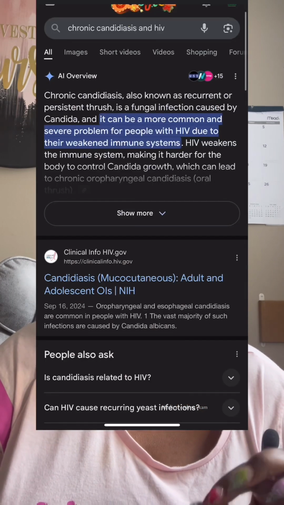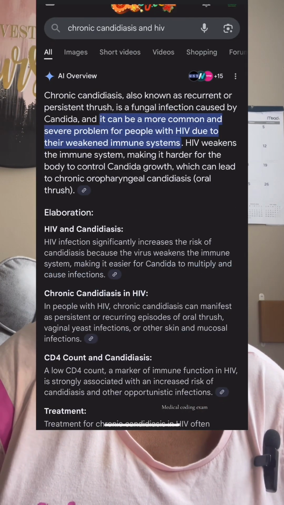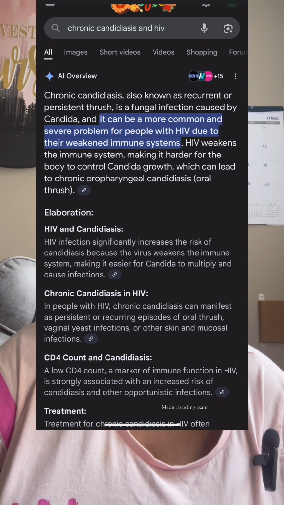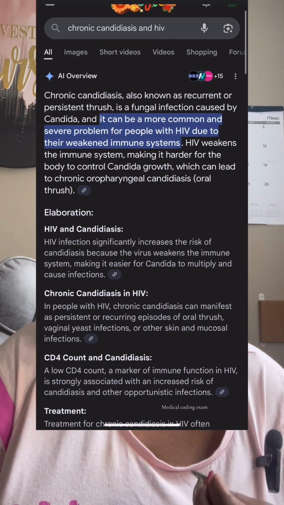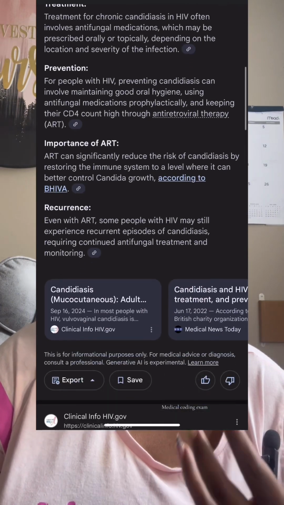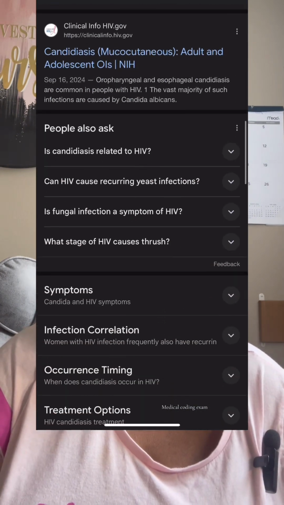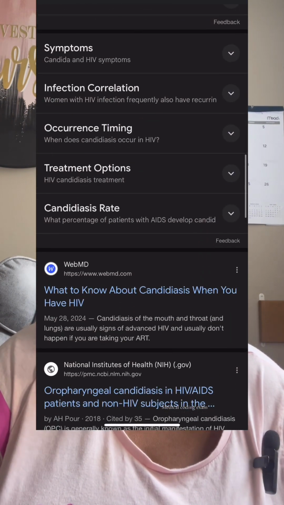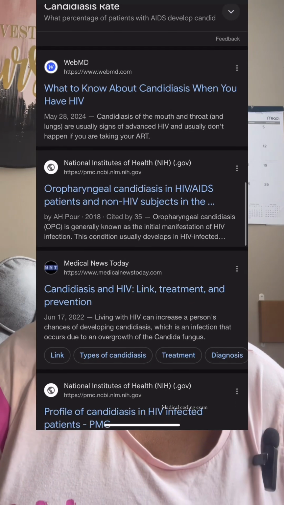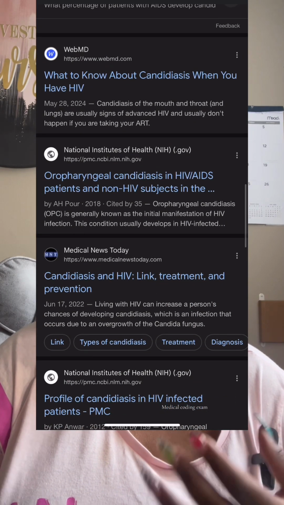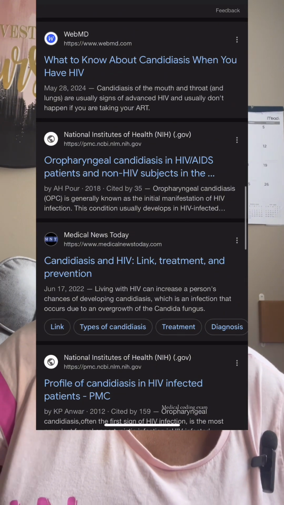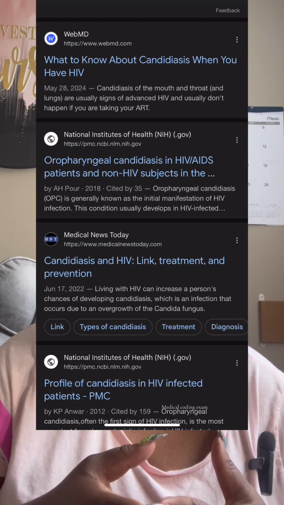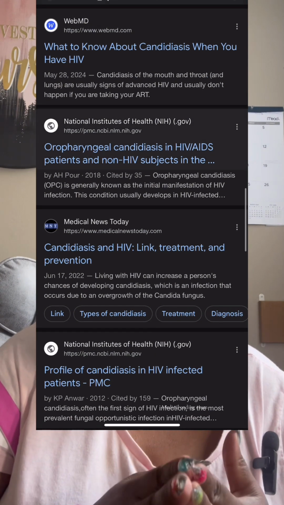Because if you know your disease process, you know that this infection is a known symptom or a known diagnosis with HIV patients. And if you don't know that, all you have to do is Google search candidiasis and HIV related conditions and read a couple reputable articles about it.